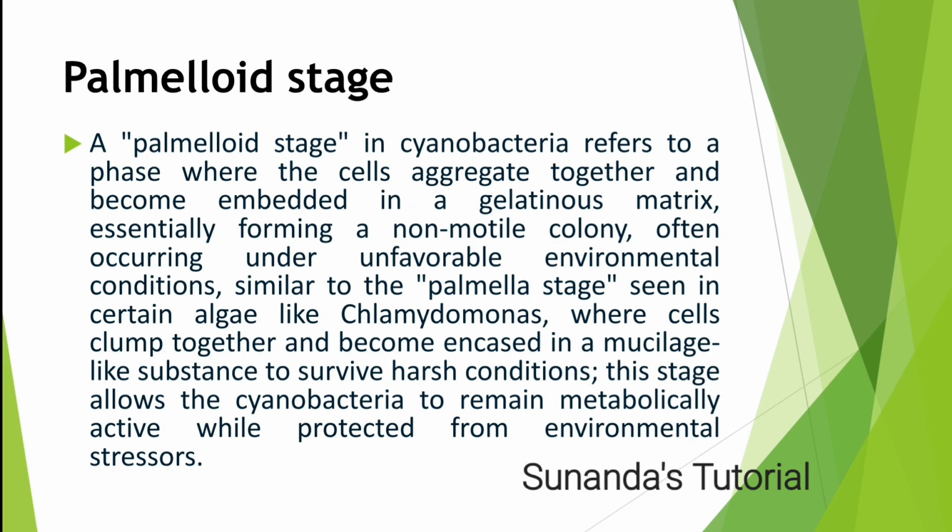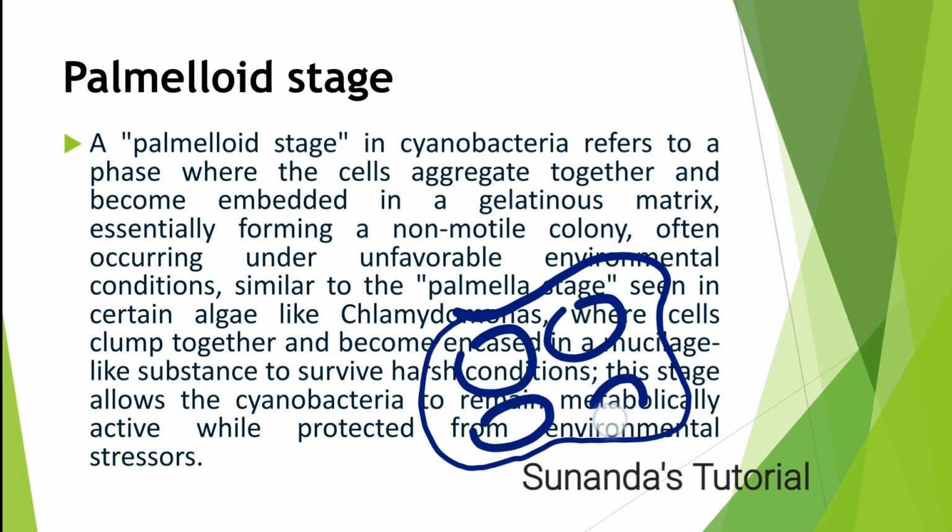Next, what is the palmelloid stage? The palmelloid stage refers to a phase where cells aggregate together and become embedded in a common gelatinous matrix, essentially forming a non-motile colony.